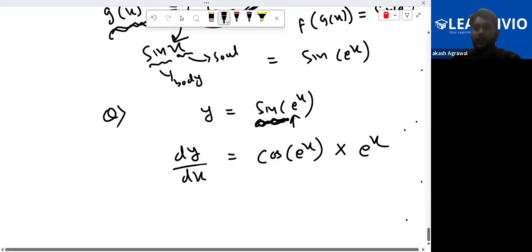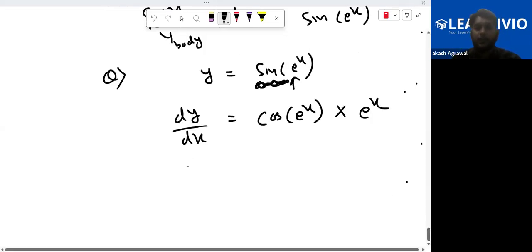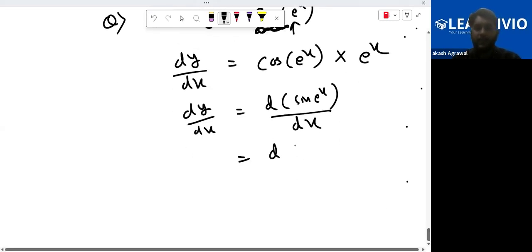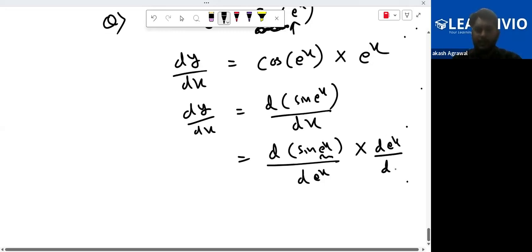And how educated people do this is we have to do the differentiation of this function sine e to the power x with respect to x. So first we differentiate this with respect to this e to the power x. Then differentiate e to the power x with respect to x. So it becomes cos e to the power x and e to the power x.